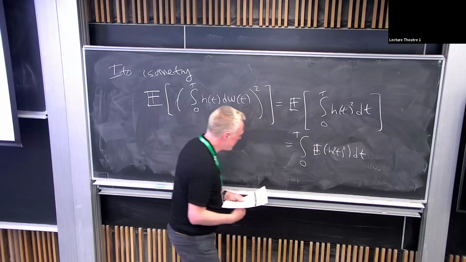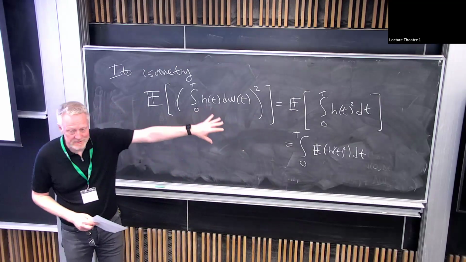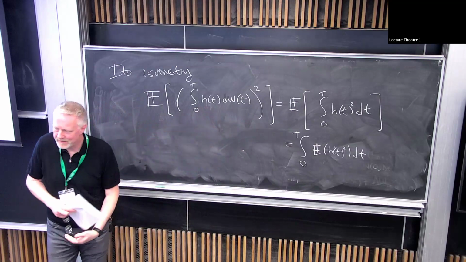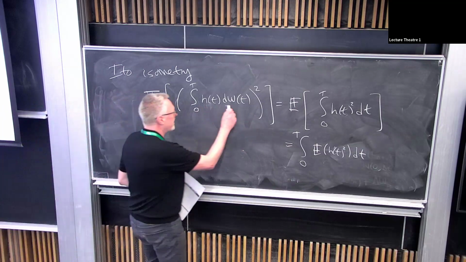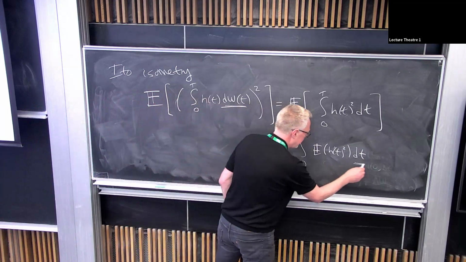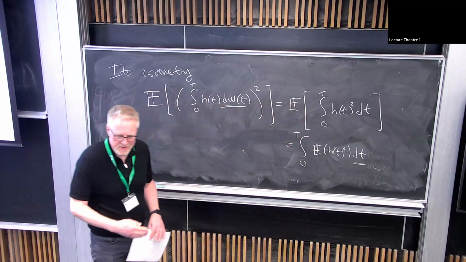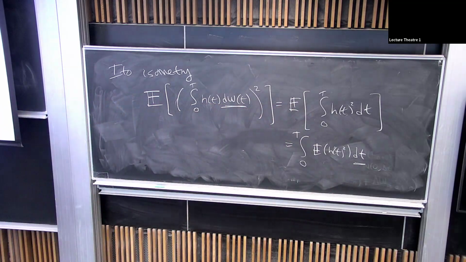All these things might look a bit messy, but if you just think of step processes, it's actually fairly easy to convince yourself these are true, and that's the way it's mentioned in the book. So it might look a bit daunting, but you can justify this just by Riemann sum type arguments. The great thing is we go from a stochastic integral to a deterministic one, and once we're in the deterministic world, we're much happier and we have standard techniques to use.